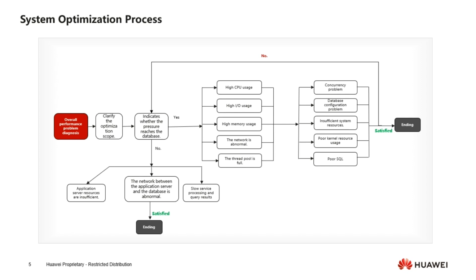There are a lot of reasons that can slow down the system, such as concurrency issues, bad configuration of the database, insufficient allocated resources, bad SQL statements, and so on. For different types of problems, we use different approaches to diagnose and hopefully solve them. We iterate the whole process until the performance metrics meet the requirements of our application.